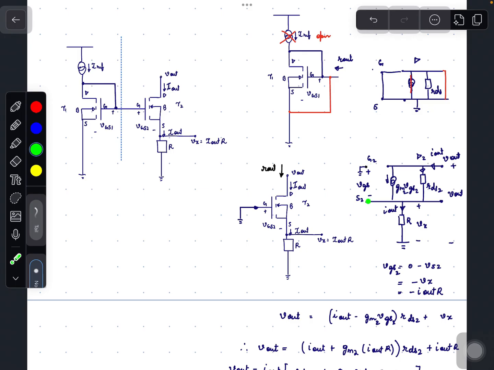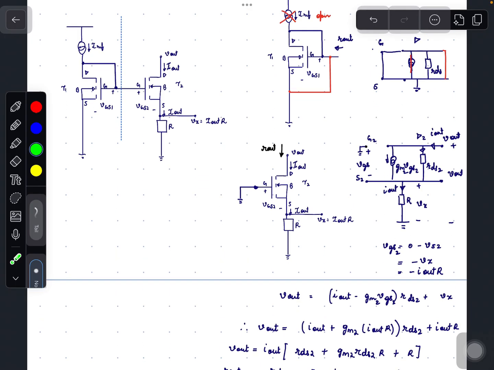Gate is grounded, source is S2, VGS equals VG minus Vs. Vg is 0, so 0 minus Vs. Vs is nothing but I out times R. And we have gm2 times VGS2.